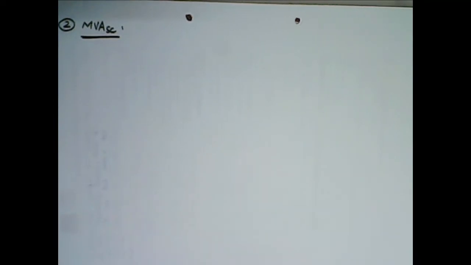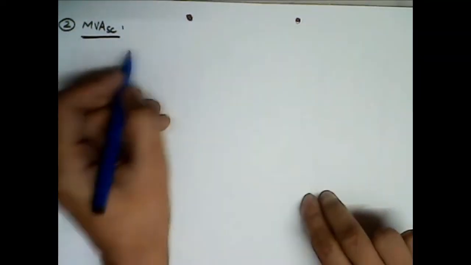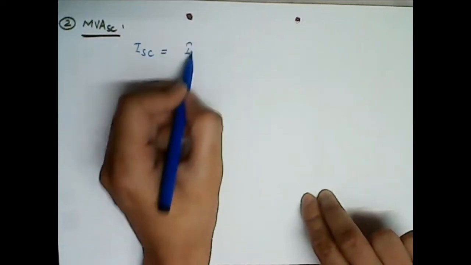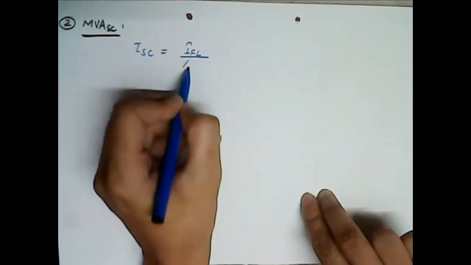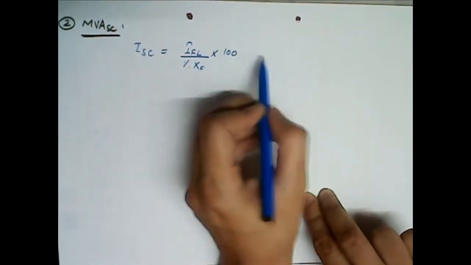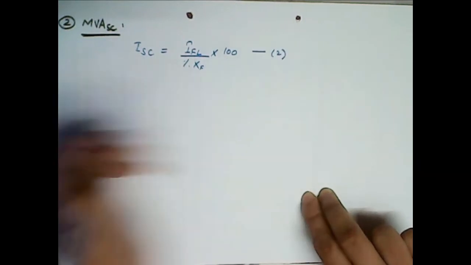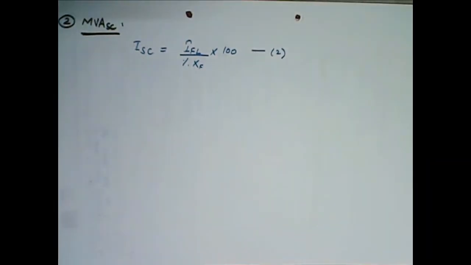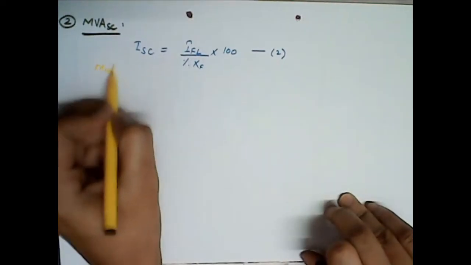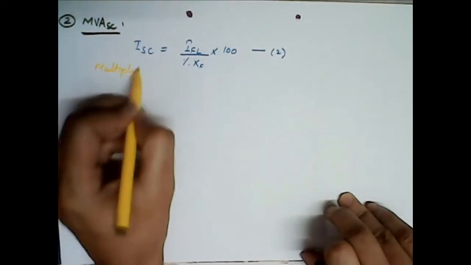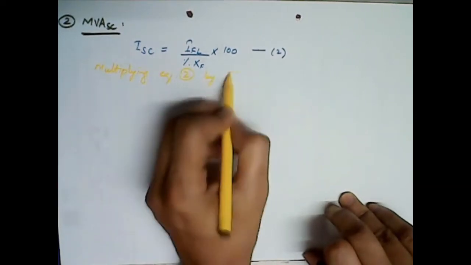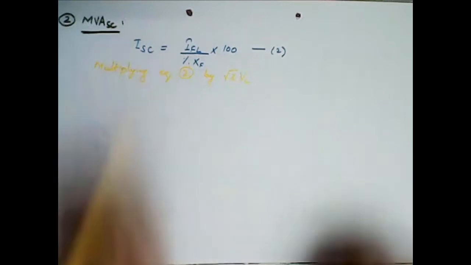Now we already know from the previous calculation that the short circuit current ISC is equal to I full load divided by percentage XF times 100. We can call it equation 2, and then we multiply equation 2 by root 3 times VL, that is the line voltage.